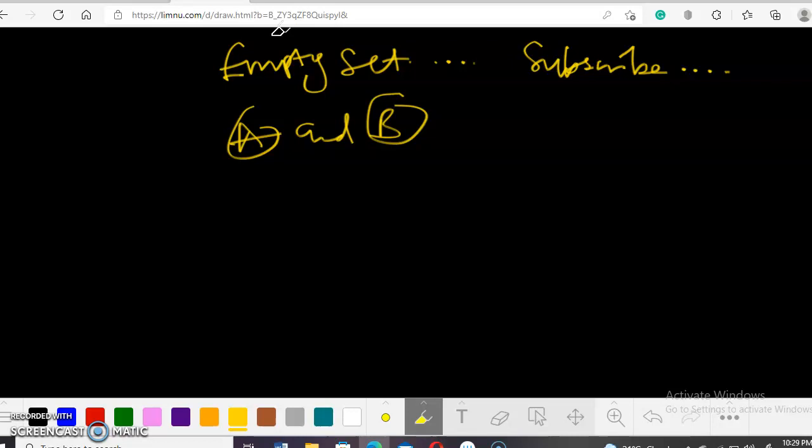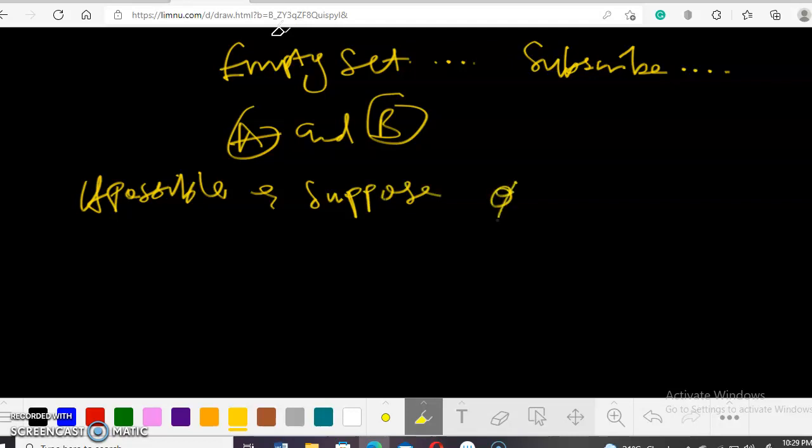Let me prove that to you. So let's say, if possible, suppose that empty set is not contained in A. This is a sign for empty set.